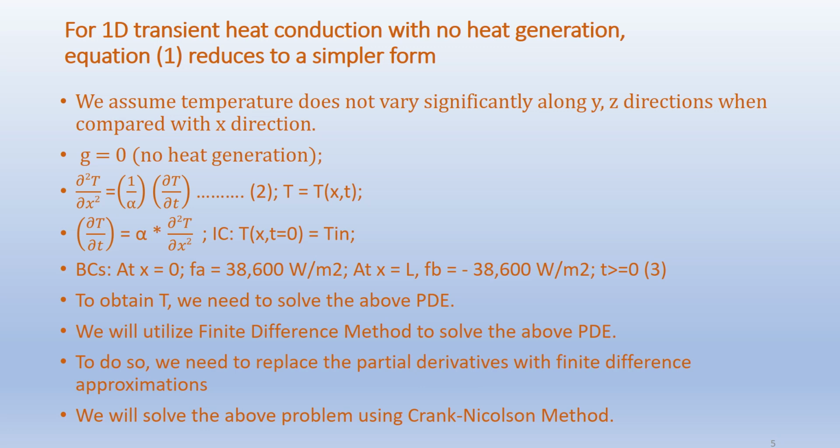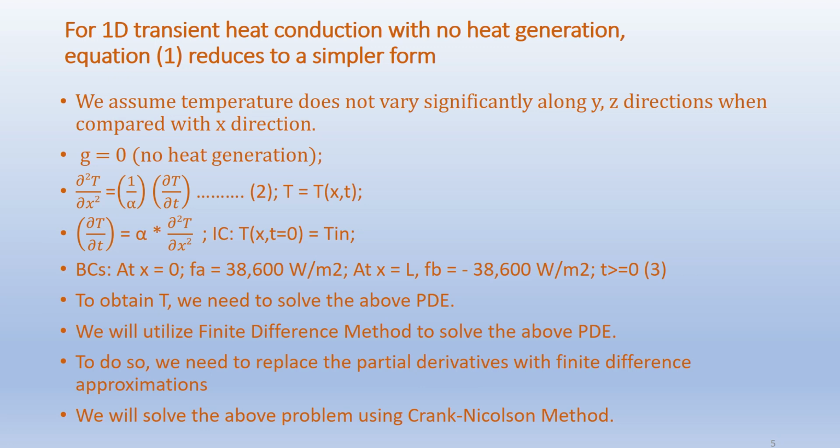Initial condition is given as T at x, t equals 0 is equal to T in, and the boundary conditions are, at x equals 0, the heat flux Fa equals 38,600 watts per meter square, and at x equals L, Fb equals negative 38,600 watts per meter square, for t greater than or equal to 0.